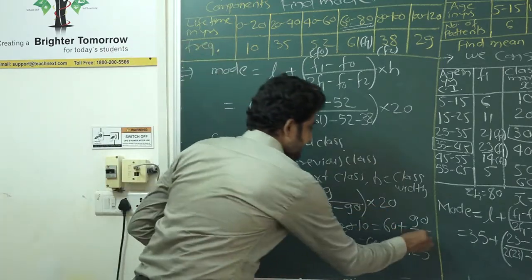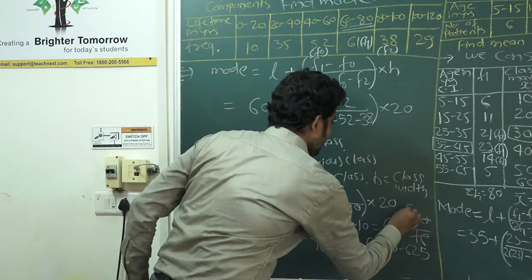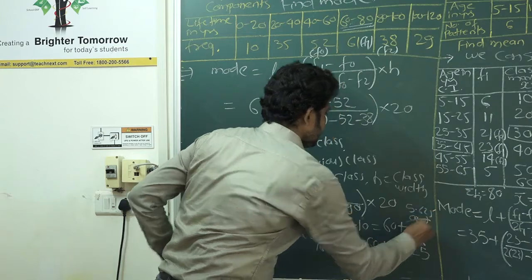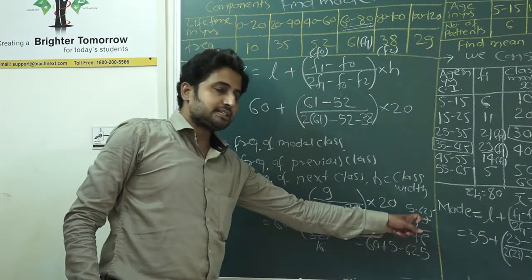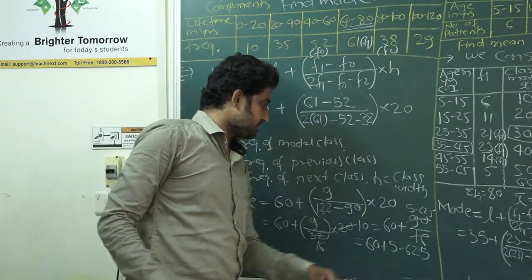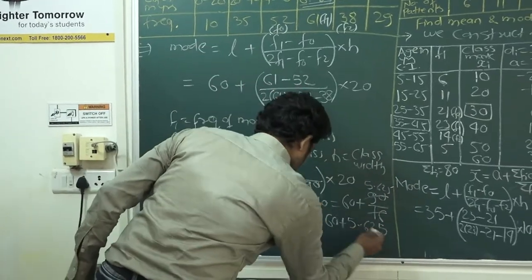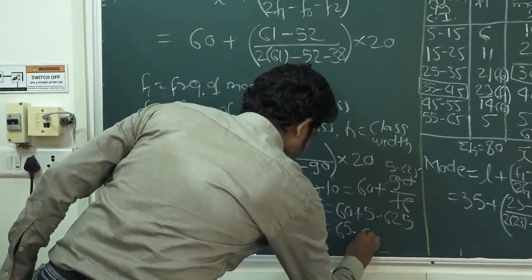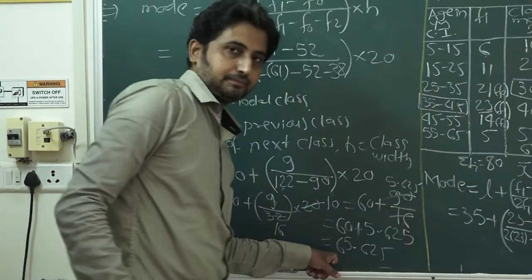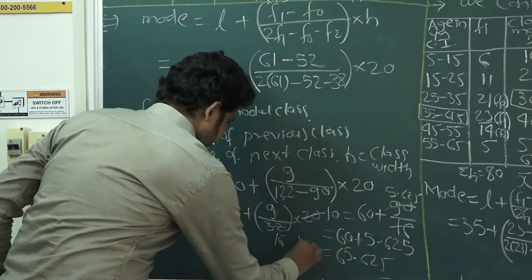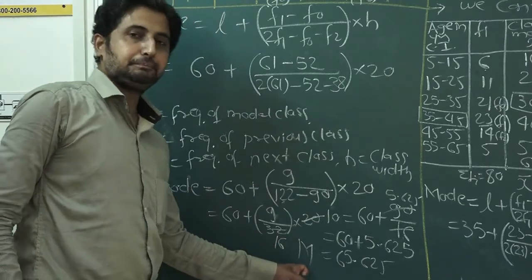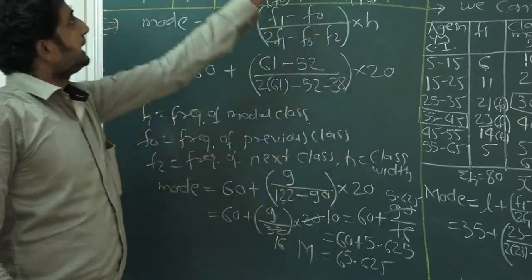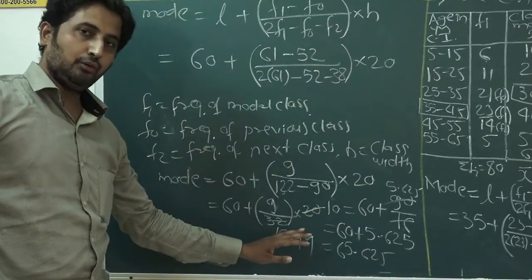So if you perform this division, we get 5.625. So this is 60 plus 5.625, and if you perform this addition, that becomes 65.62. So in this way we calculate the mode.